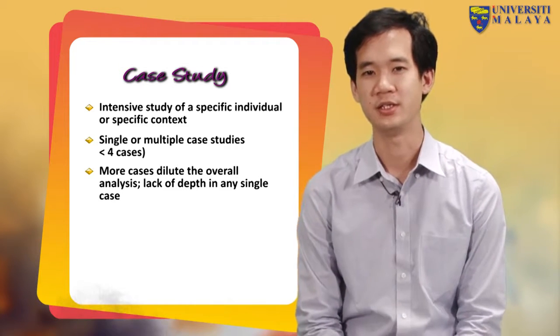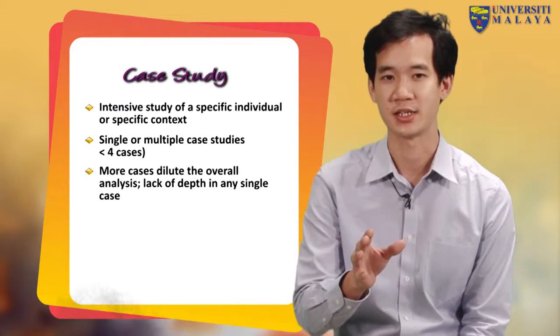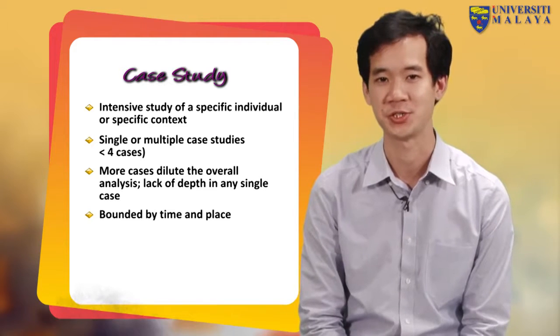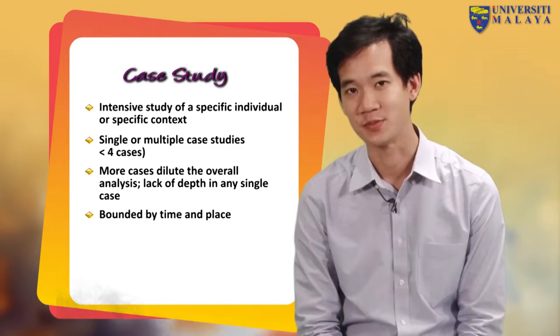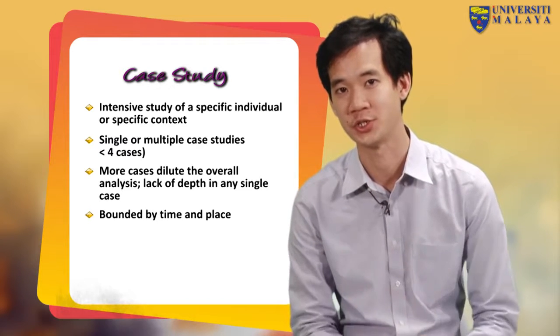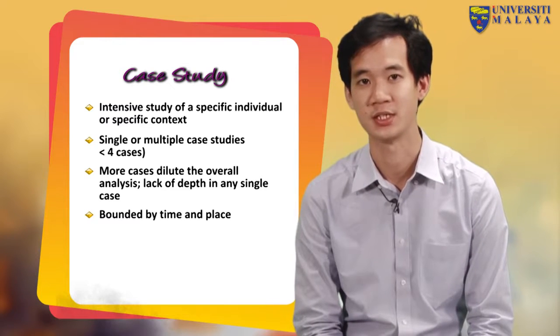Of course, given the highly specific nature of case studies, the results of a case study would definitely be bound by the time and the place of observation. So readers, people who read your study, would need to have as much of this information as possible in order to understand the context of a case study. By now, you would have a rough idea of the different types of qualitative research designs.